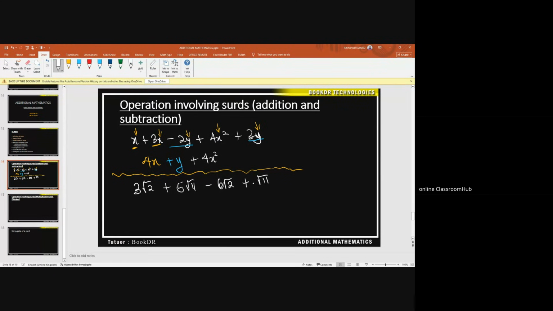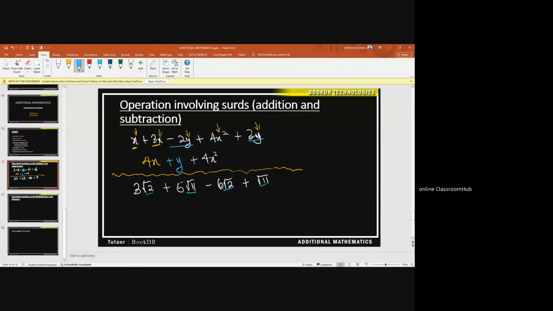If I'm asked to simplify this, I will focus my attention on the sets, the radical parts, these guys, the root 2, root 11, and then if the radical parts are the same, then we say that they are like sets.